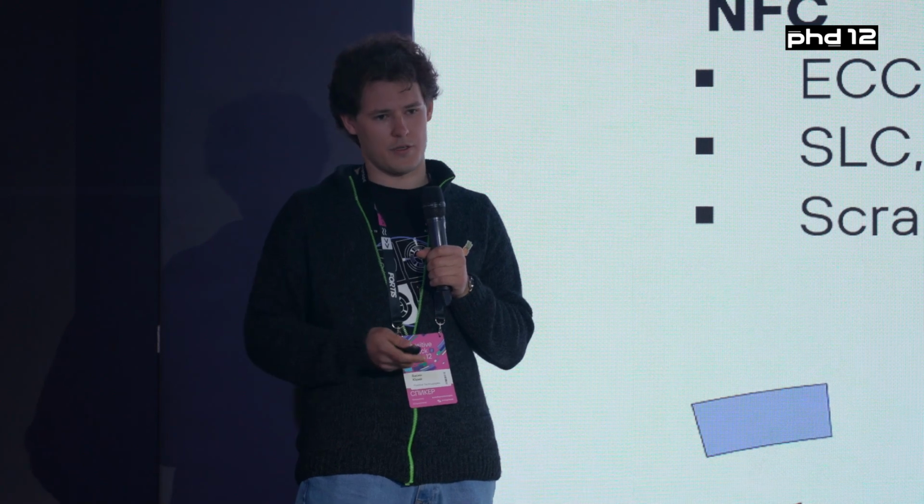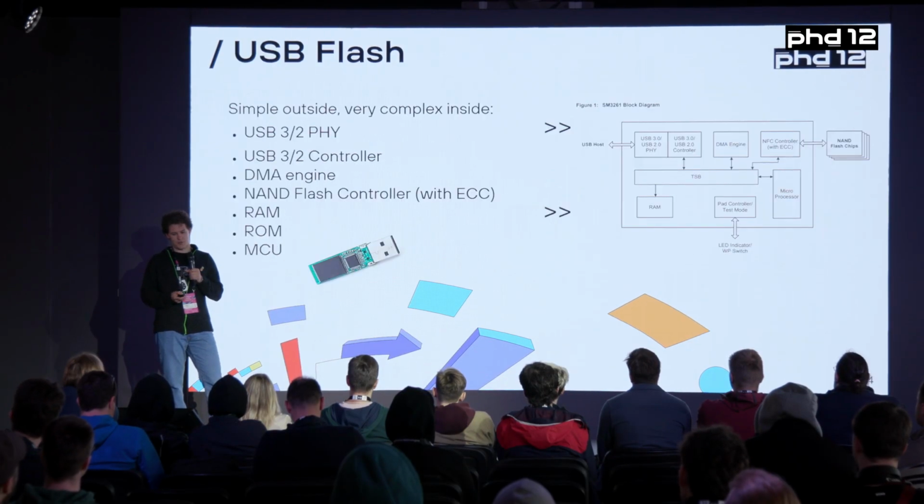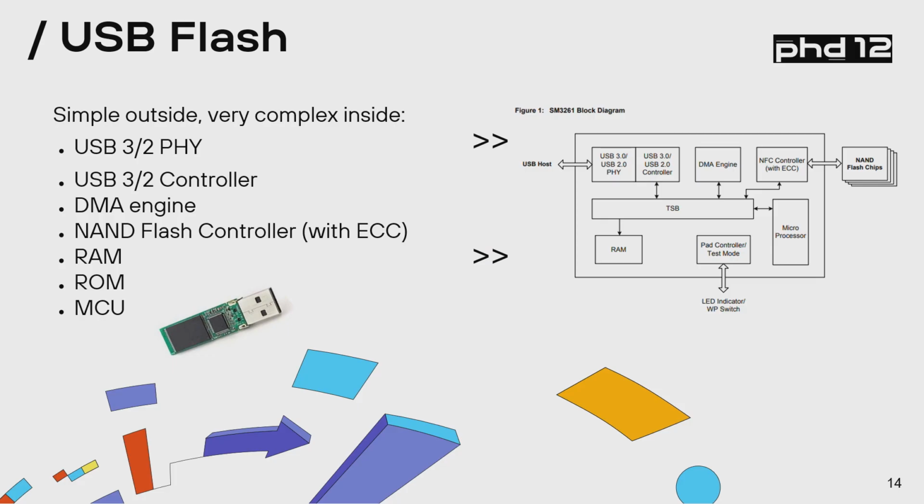Or maybe you want all the data coming over USB to be written into NAND in an encrypted manner, or maybe having some XOR sequence overlaid on top of it. Then you can go back to the functional schematic in order to learn what you actually need to reverse engineer.